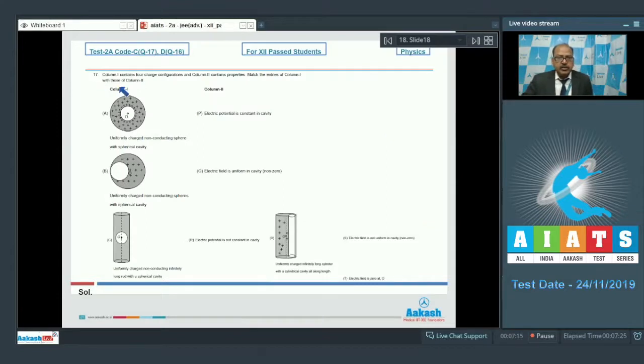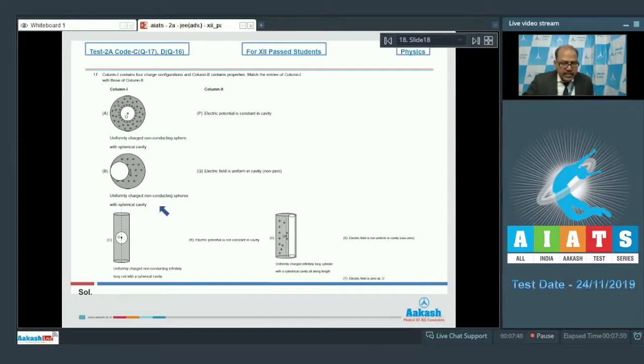Question 17 is also a column matching type question. It says column 1 contains 4 charge configurations and column 2 contains properties. Match the entries of column 1 with those of column 2. And column 1, entry A is a uniformly charged non-conducting sphere with spherical cavity.